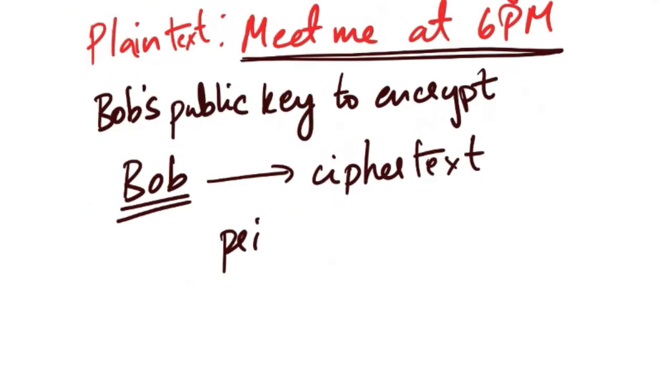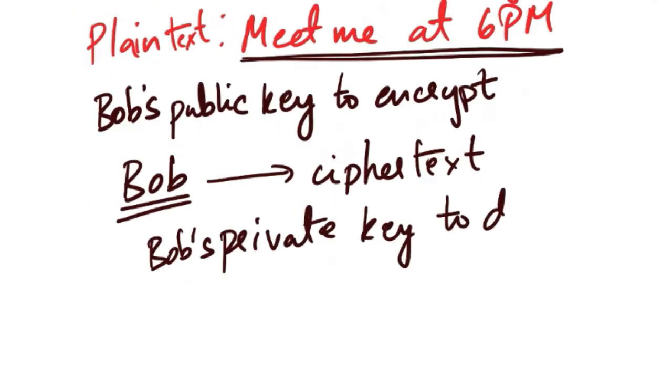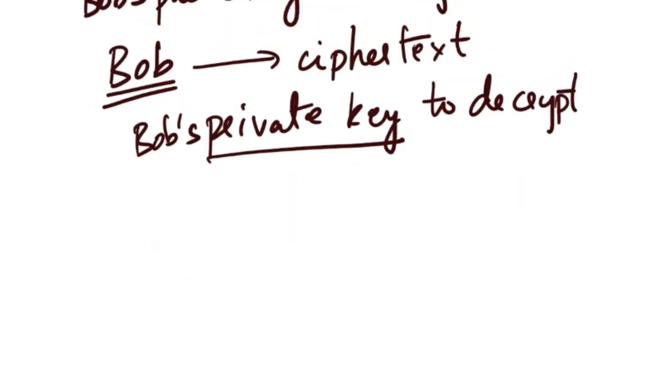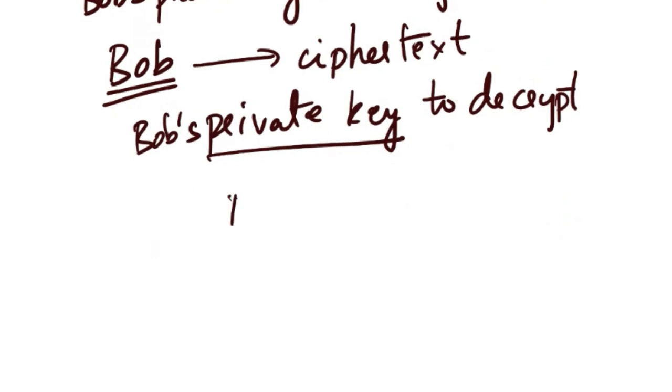Bob uses his private key to decrypt the ciphertext and recover the original plain text message. He applies the decryption algorithm to the ciphertext and his private key, resulting in the retrieval of the original message. If Alice wanted to send a digitally signed message using digital signatures, we will discuss this in depth very soon.